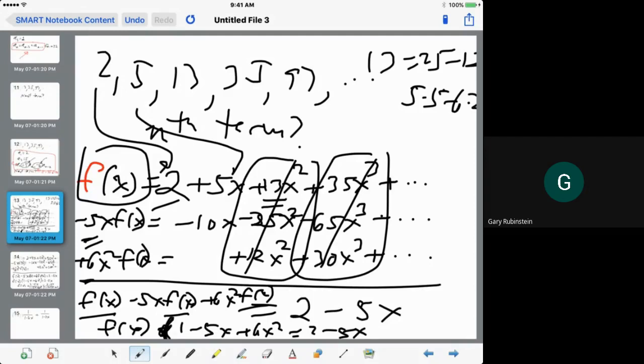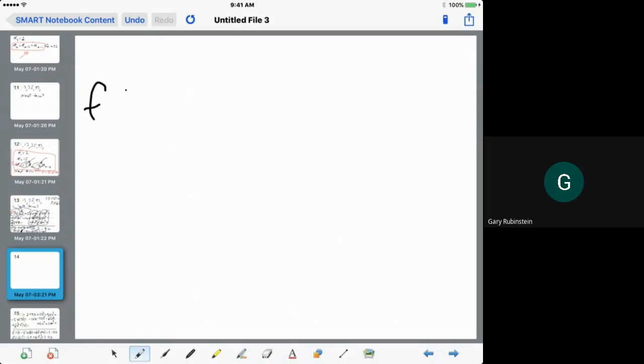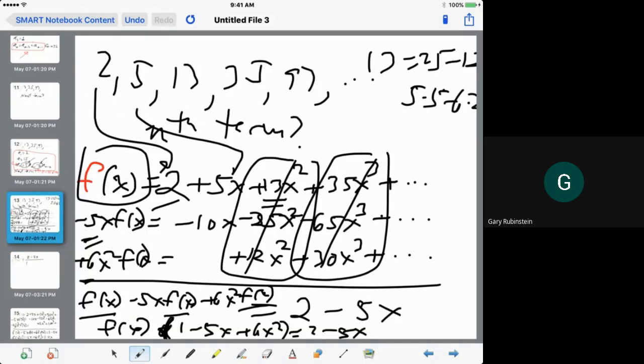And now if I divide both sides by 1 minus 5x plus 6x squared, I get f of x equals 2 minus 5x over 1 minus 5x plus 6x squared.